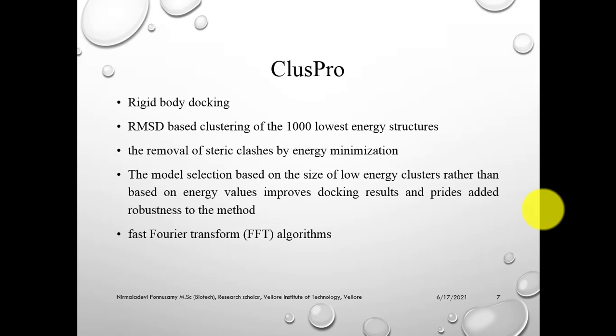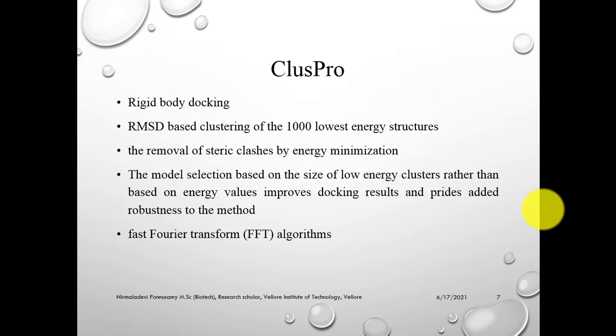Steric clashes are removed by energy minimization, and during energy minimization it removes the steric clashes. The selection is based on the size of the cluster: the result selection is based on the size of low energy clusters rather than on the energy value.